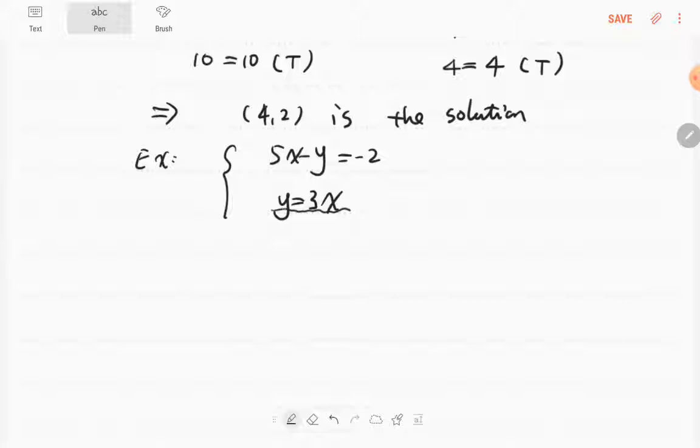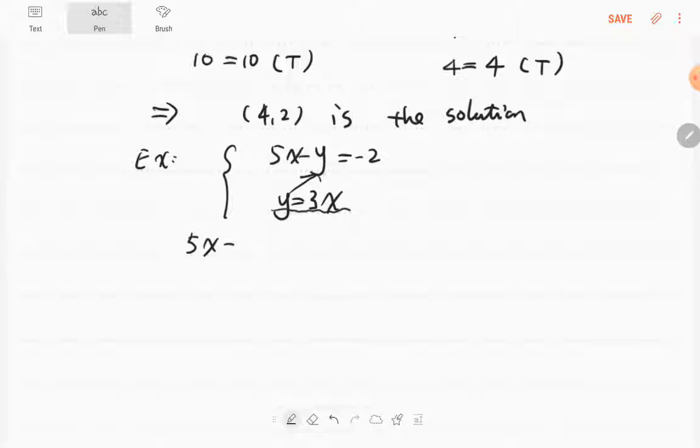This time we're going to use 3x to substitute y in the other equation. So we have 5x, we copy this down, minus y.